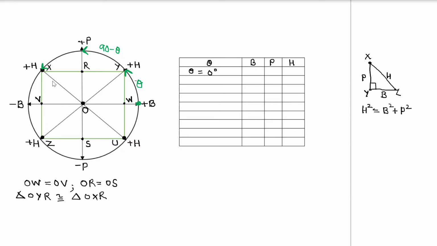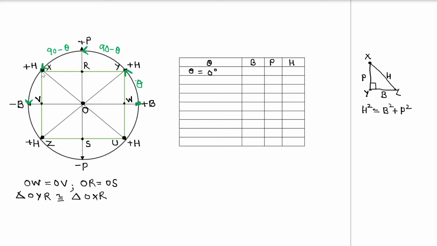Okay, so once we have done this, now let us take this angle as 90 minus theta. In that case the remaining angle, the angle XOV, becomes 90 minus 90 minus theta, which is equal to theta again.